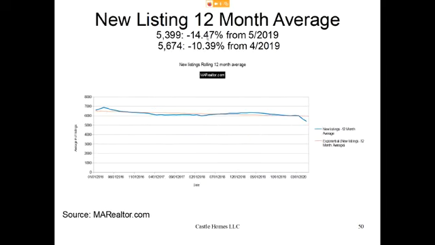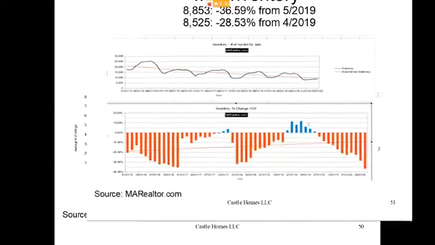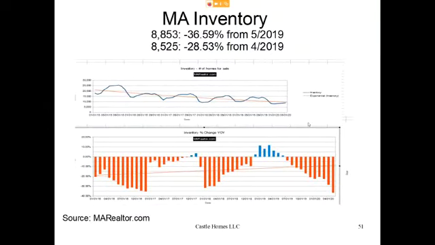Just on a 12-month rolling average here, you're down 10% over April 2019 and down 14% over May 2019. So things are trending down on a 12-month rolling average. And this is absolute inventory, down 28.5% over April and 36.5% over May.